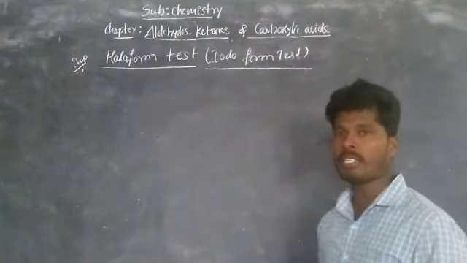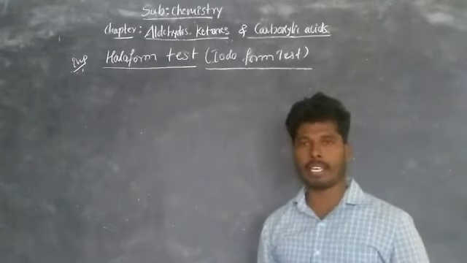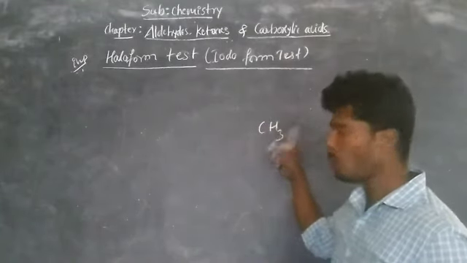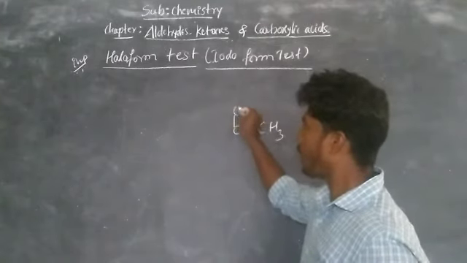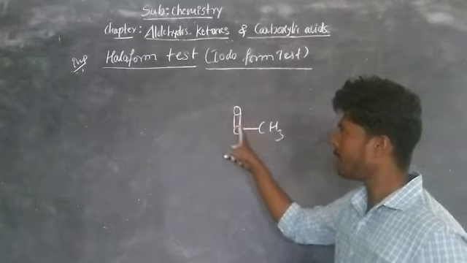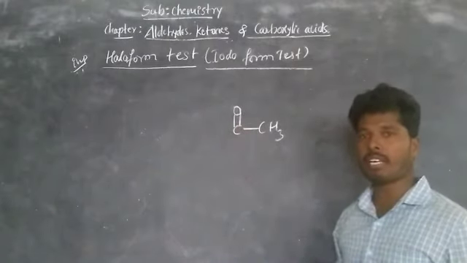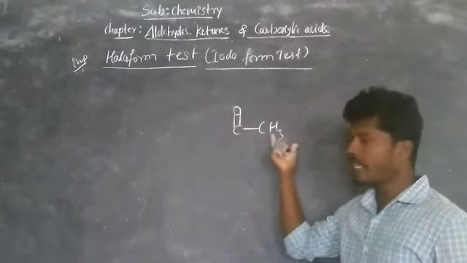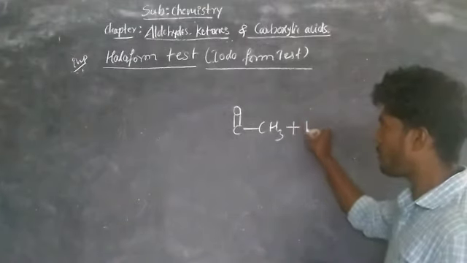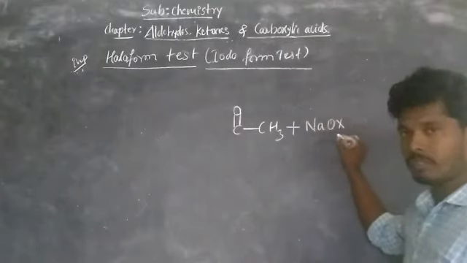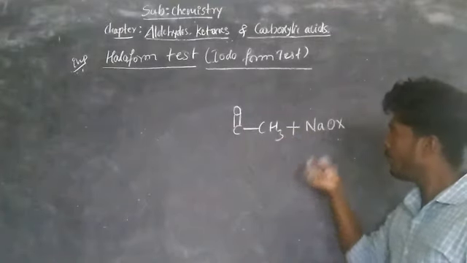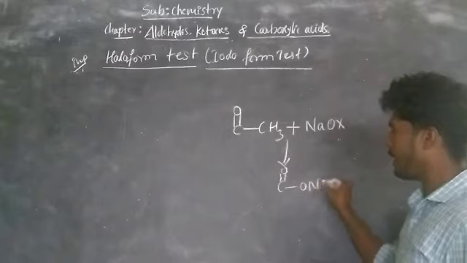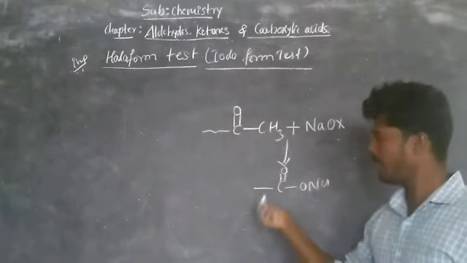In the haloform test, the carbonyl compounds like aldehydes or ketones which have at least one methyl group, CH3 group, directly attached to the carbonyl carbon, are treated with sodium hypohalide, that is NaOH with halogen. This is the carbonyl oxygen, the carbonyl carbon. They give a sodium carboxylate compound, COONa, like that.